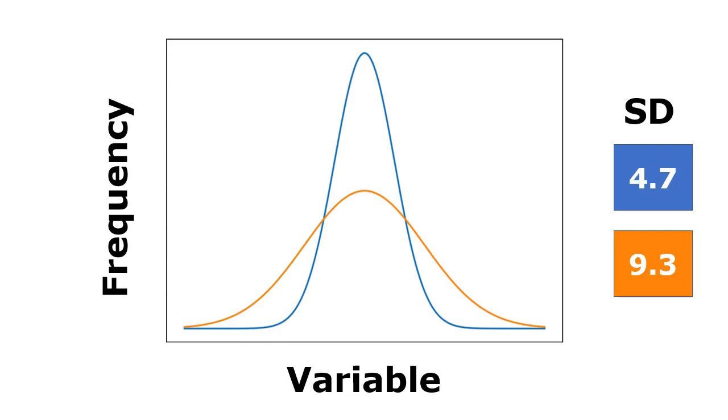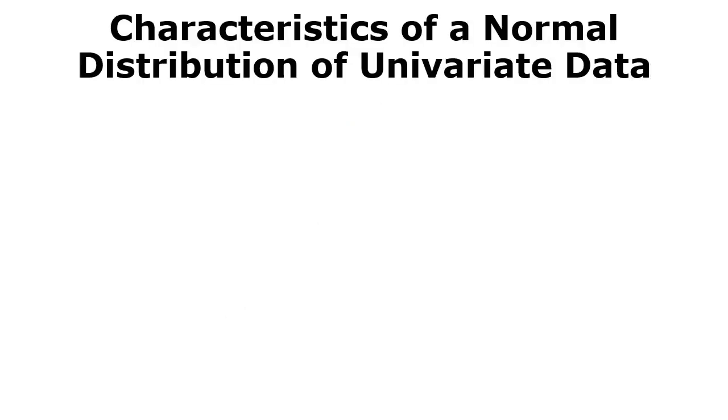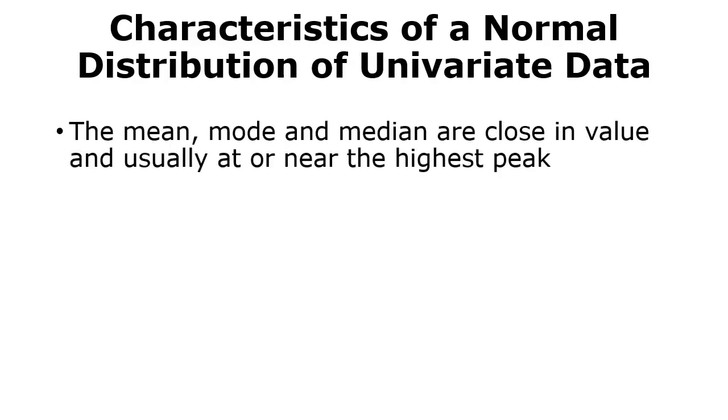You were asked to identify the characteristics of a normal distribution of univariate data, and just to summarize, those characteristics are that the mean, mode, and median are close in value and usually at or near the peak.